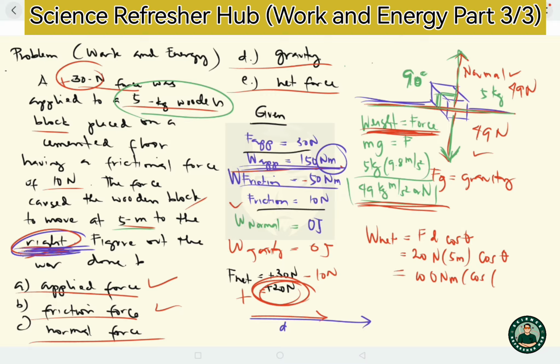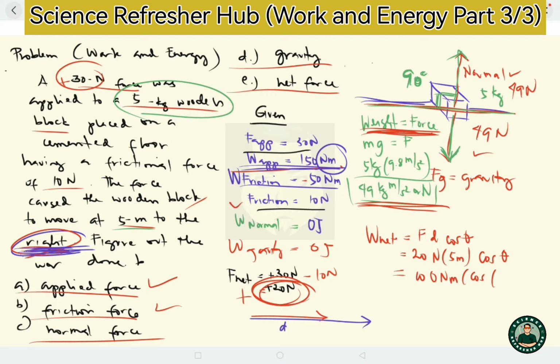100 Newton meter times 1 is 100 Newton meter or joule. This is the work done by the net force. It's a positive work.